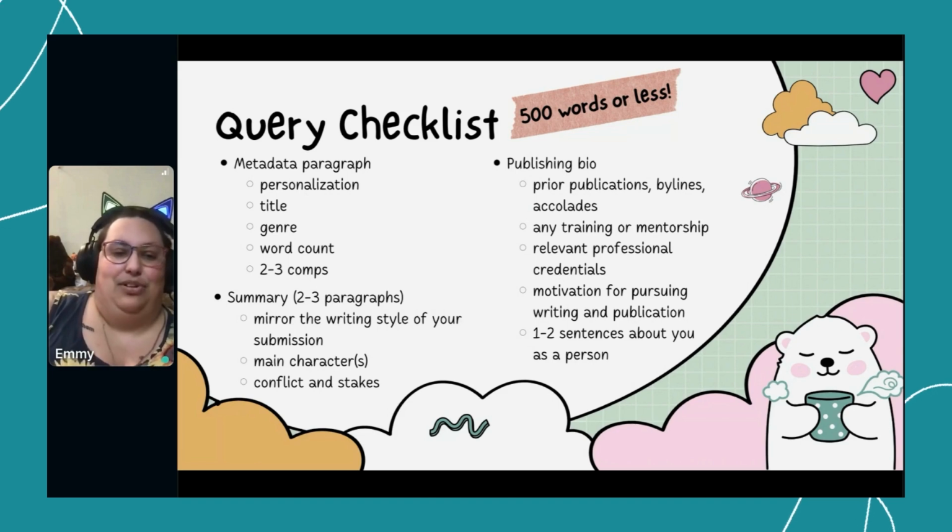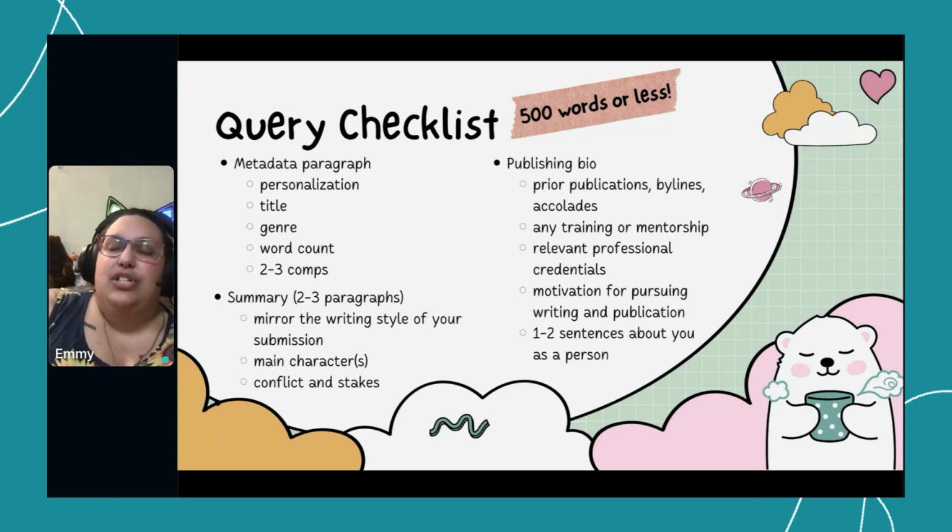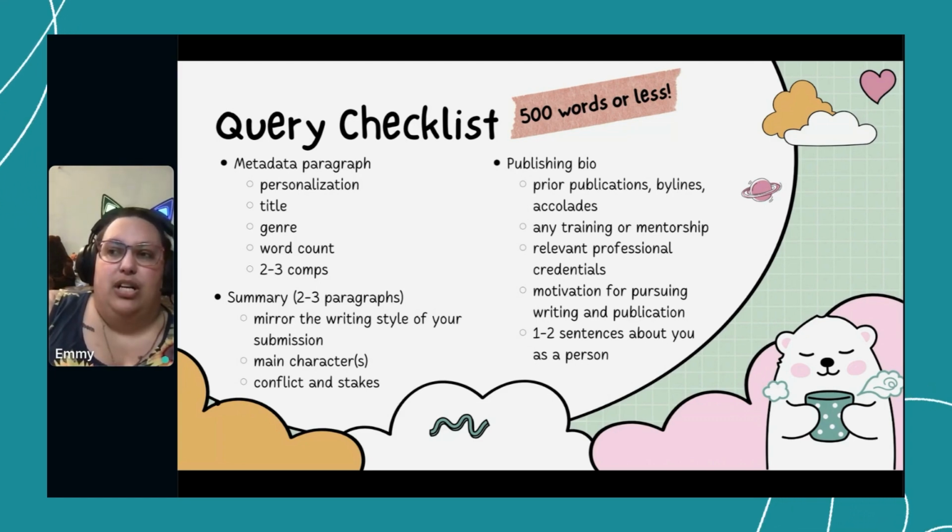So personalization, title. The third thing is a little more complicated, and I won't get too deep into this because we can talk about it in Q&A if people are interested, but genre is the next one. When you are picking a genre, try to be as specific and simple as possible.